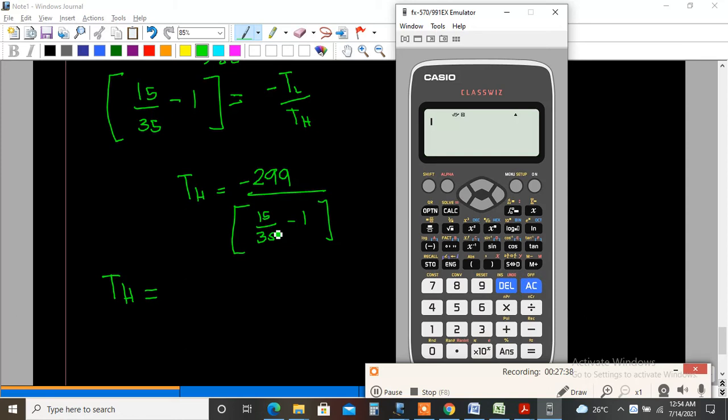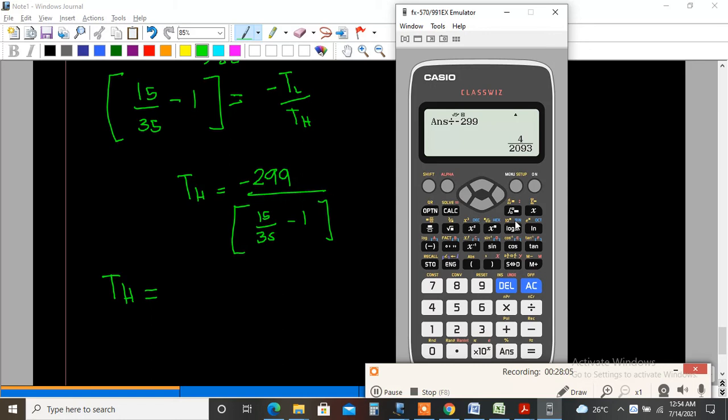So TH will be equal to, calculator, 15 divided by 35, that is 3 over 7, minus 1, so negative 4 over 7. Divided by negative 299, and let's get the reciprocal of that. Reciprocal, ibig sabihin, baliktad.